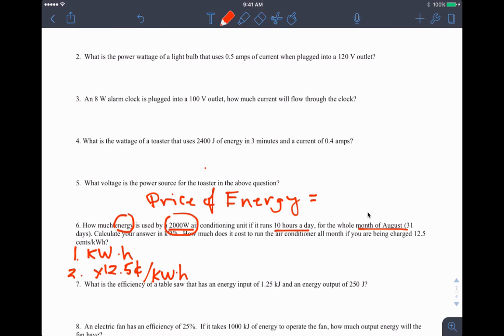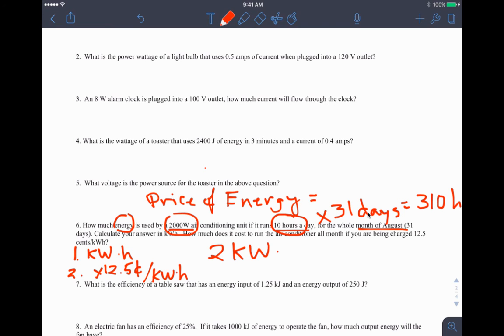So 2,000 divided by 1,000 is 2. So I have 2 kilowatts of power, and now you need the total time in hours. If it was just for one day, I'd have 10 hours, but I'm running it for 31 days. So 10 hours a day for 31 days means I have 310 hours of running time.